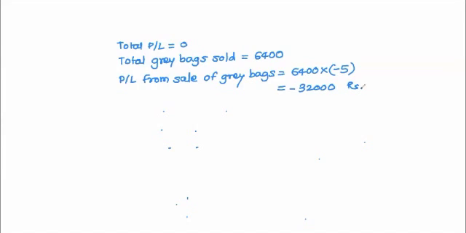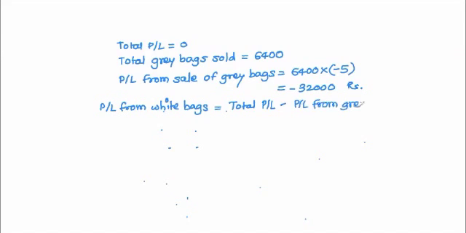So if they are making minus 32,000 as a loss from gray bags, then the profit or loss from white bags, what they should make, should be equal to total profit loss minus profit loss from gray bags.